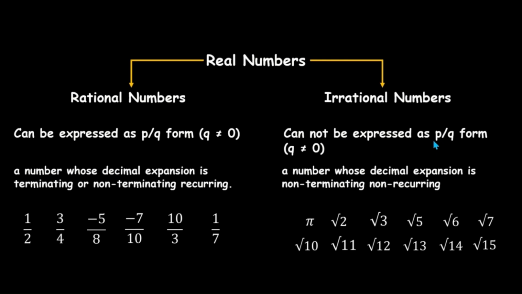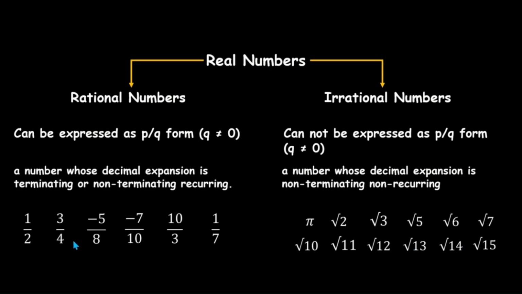So we can't find two integers p and q to represent pi in p by q form. Similarly, the approximate value of root 2 that we take is 1.414. That is only an approximate value. For root 2 also, we can't find two integers p and q to represent root 2 in p by q form. And similarly for other examples.